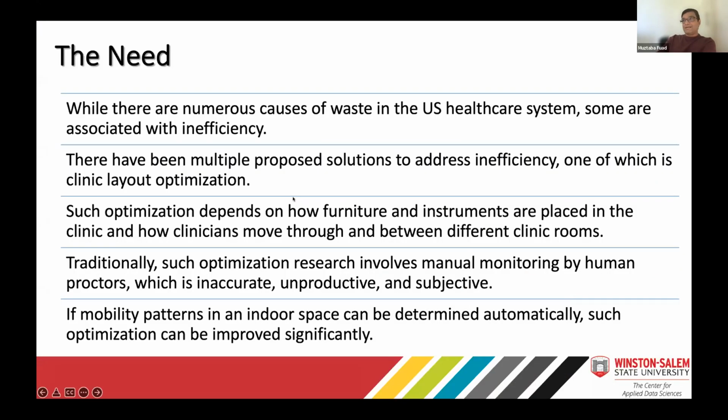Okay, so what is the need? Why do we want to do what I'm presenting? The biggest idea came from collaborators in the physical therapy department, where we know that there is a lot of waste in the healthcare system. There are a lot of different research approaches going on to solve that waste.